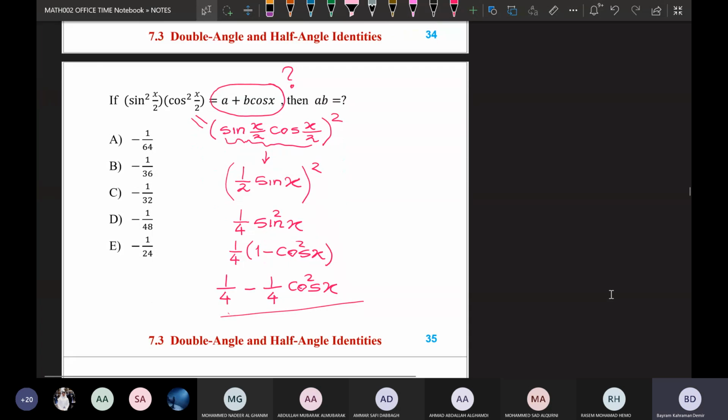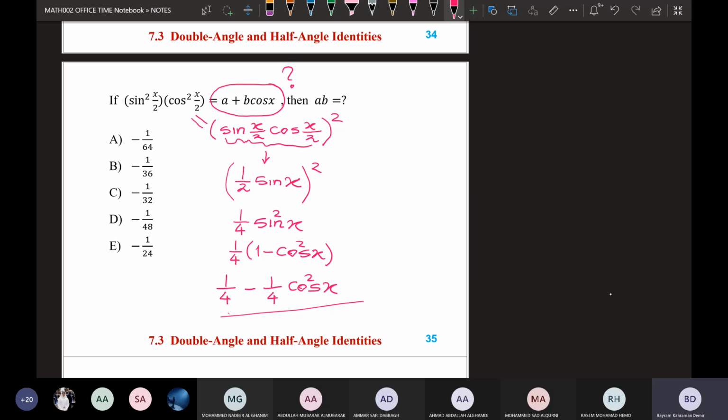Here is a question where there might be a misprint. We have sine square of x over 2 times cosine square of x over 2, which is sine x over 2 cosine x over 2, all squared. And sine x over 2 cosine x over 2, as you remember, becomes half times sine x, right, Shabab?